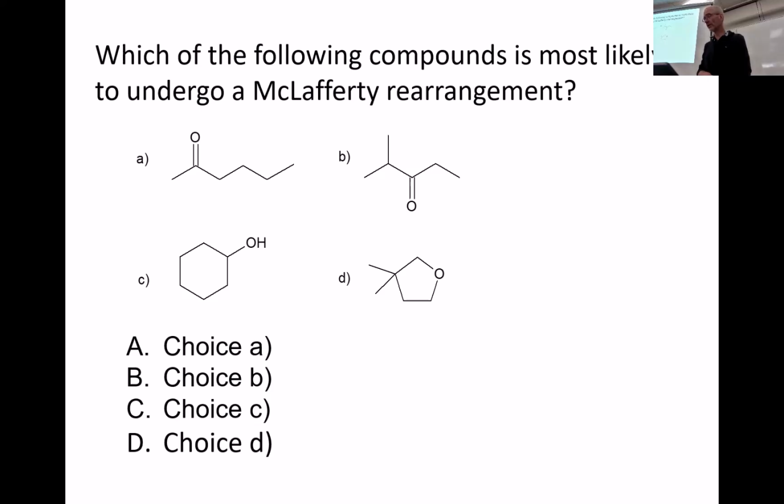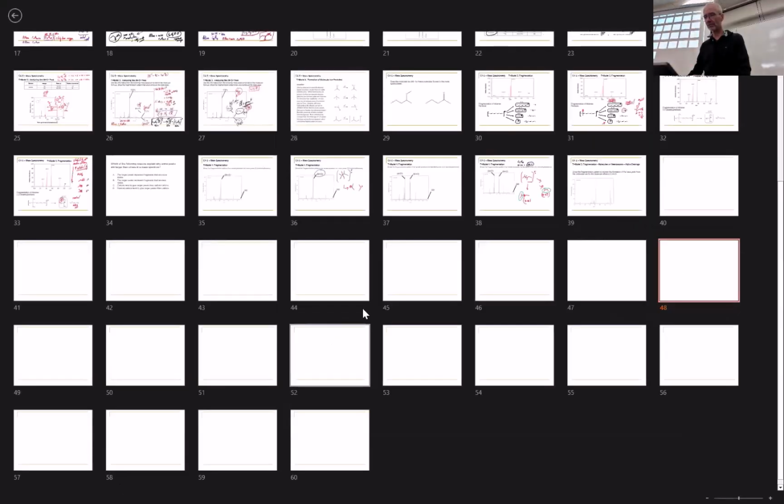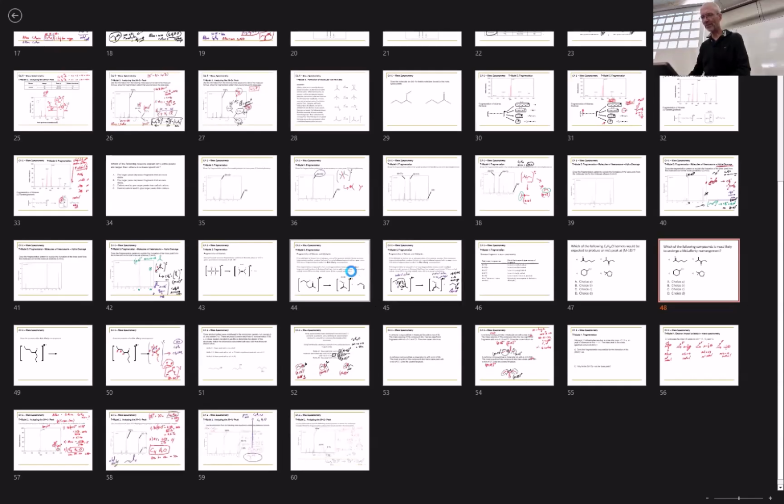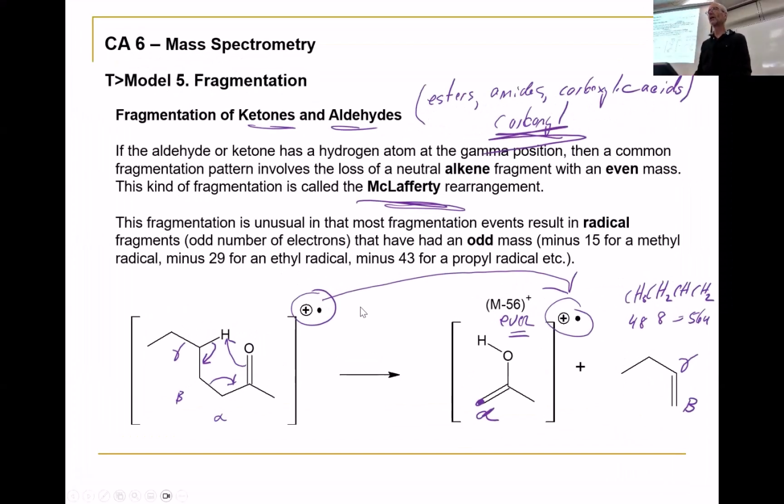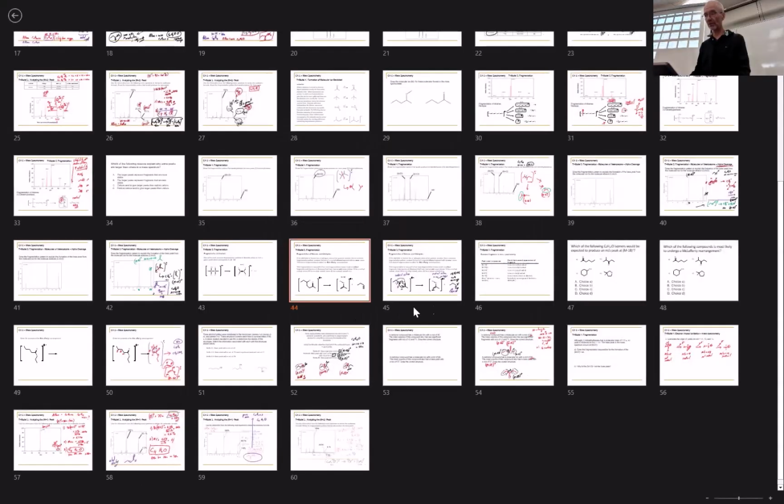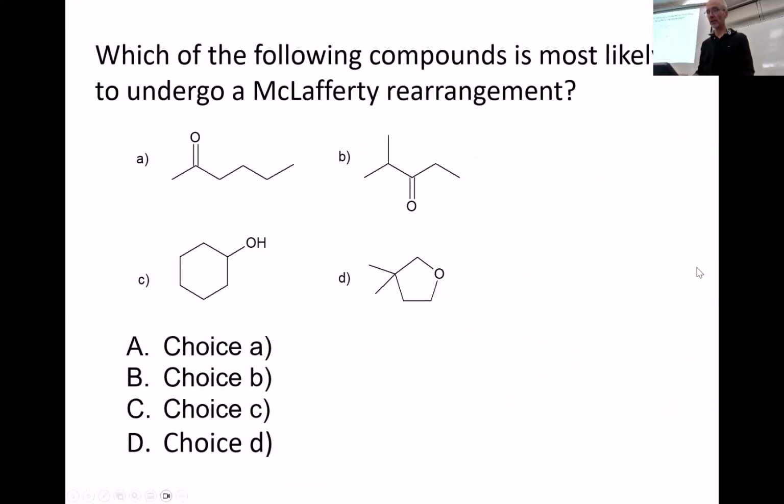Recall that in order to have a McLafferty rearrangement, you need alpha, beta, gamma carbons, and it involves the hydrogen on the gamma. So let's come back to where we just were, which is here. I'm going to do some labeling: alpha, beta, gamma. Unfortunately, in this context, in spite of what we said about alpha cleavage, we label it like this.